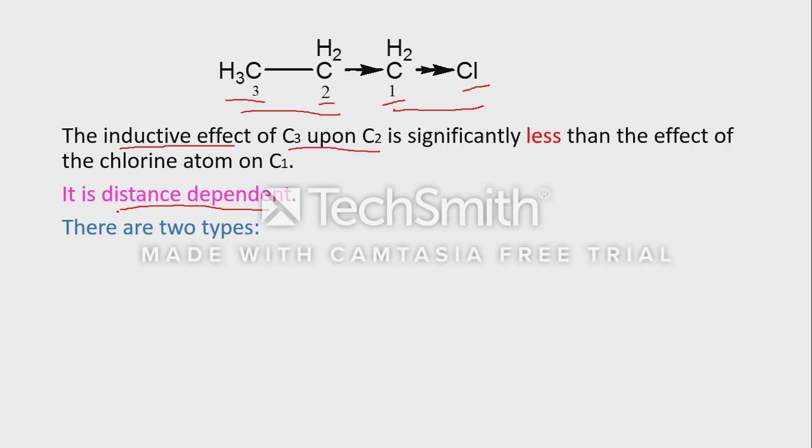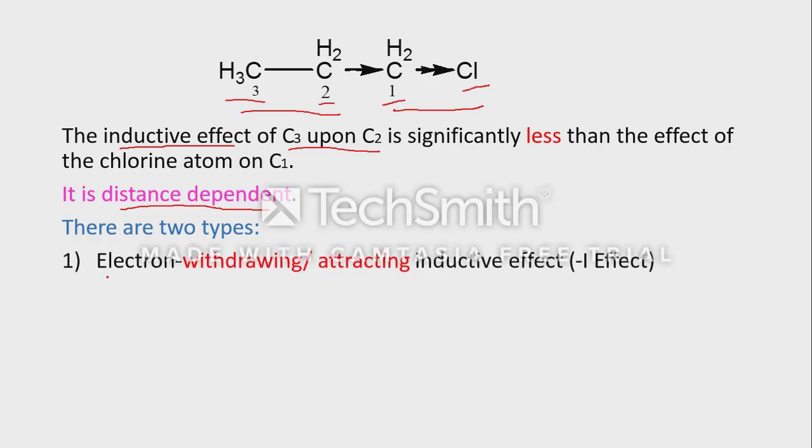Then the types of inductive effects: there are two types. First, electron withdrawing, also called electron attracting inductive effect. It is written as the negative I effect.